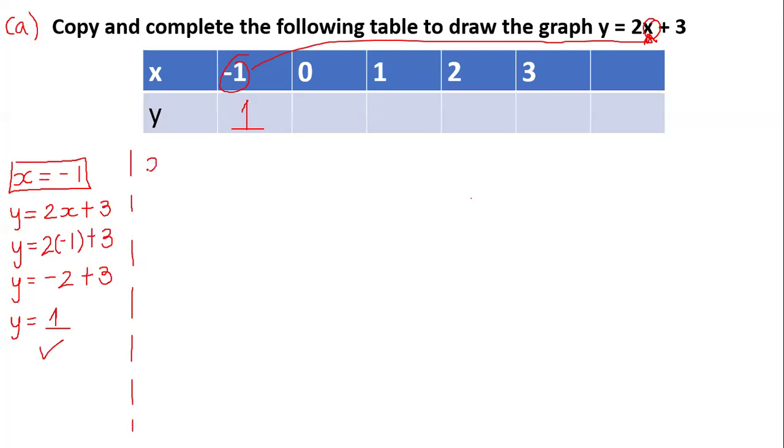Let's do x is equal to 0. What y'all got for x is equal to 0? 3. I also got 3. Substituted, so we have y is equal to 2 open bracket x plus 3. So we're going to substitute.